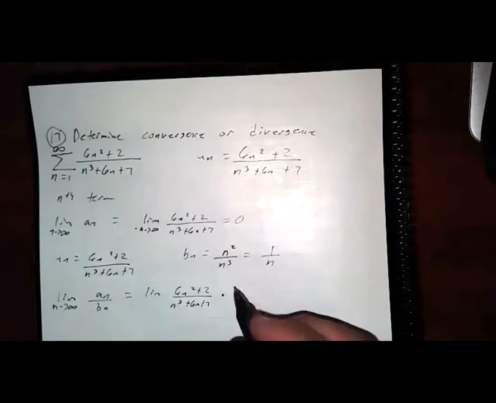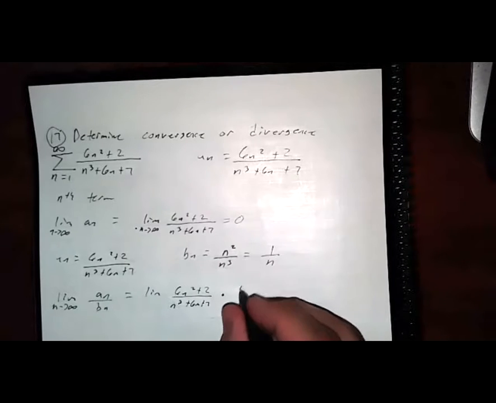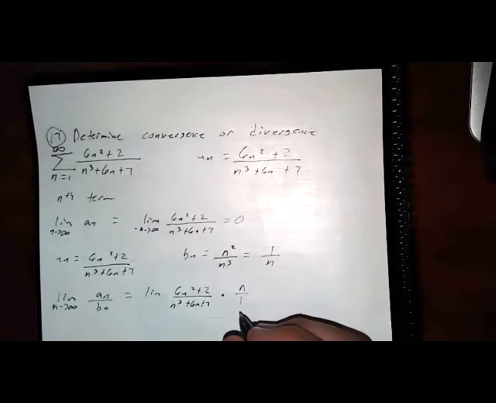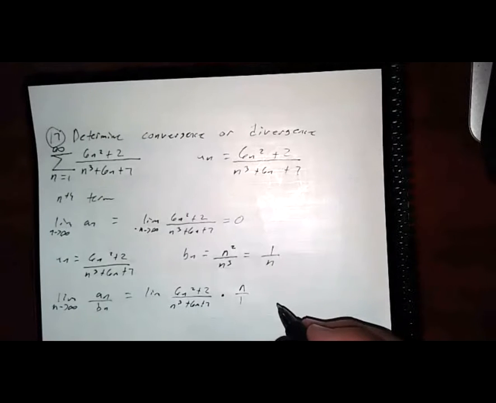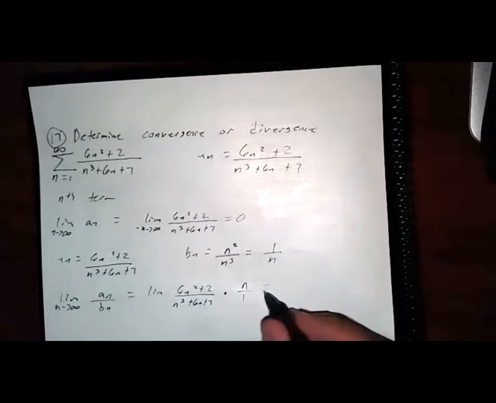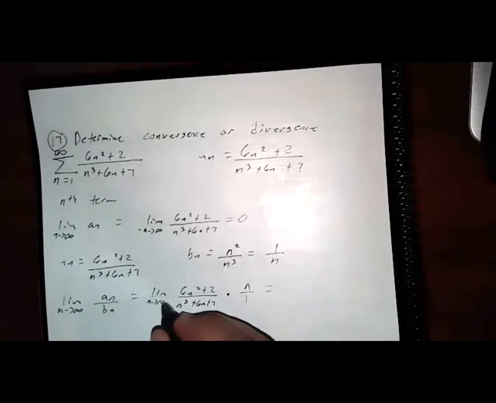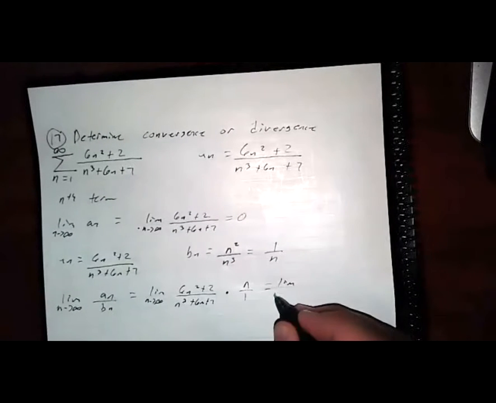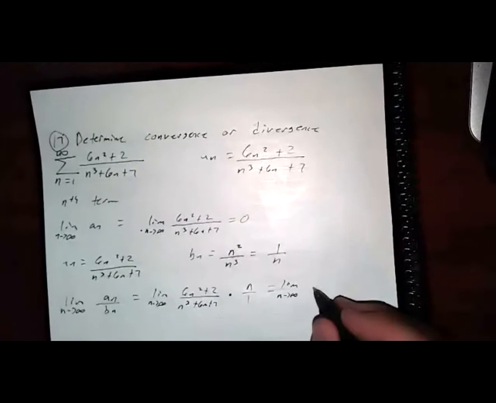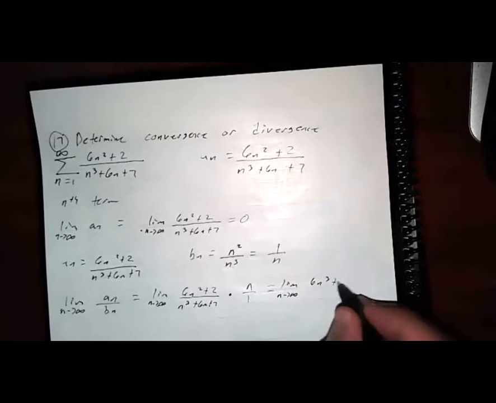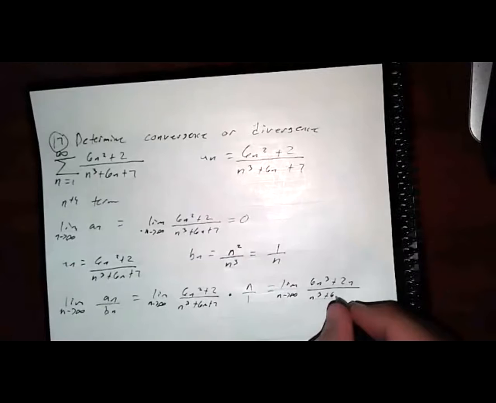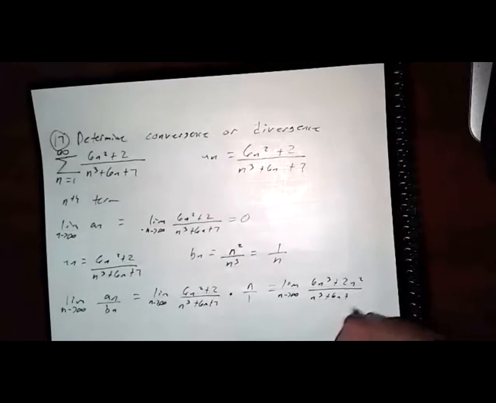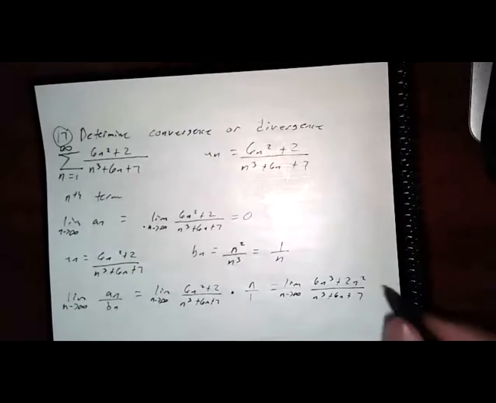Dividing by b sub n, we would get n times this. So the limit as n goes to infinity of 6n cubed plus 2n over n cubed plus 6n plus 7 would equal 6.